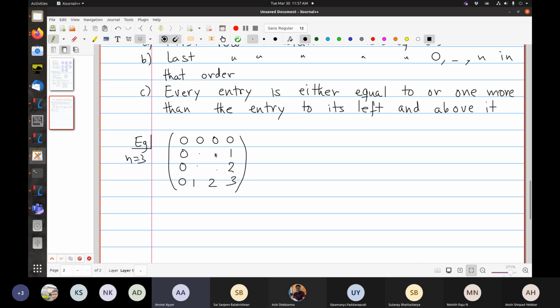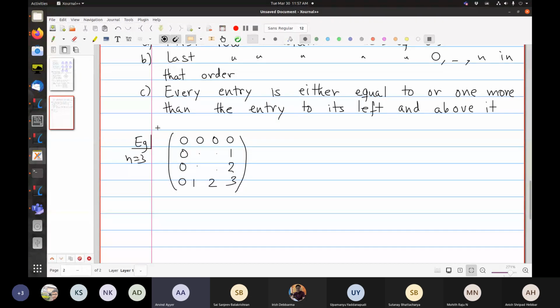Even if this entry is a 1, this cannot be more. And this entry is forced. So you can't keep it equal to the previous entries for too long, because you have to satisfy the condition that this entry is at most one more than this and this, right? And similarly for the others.